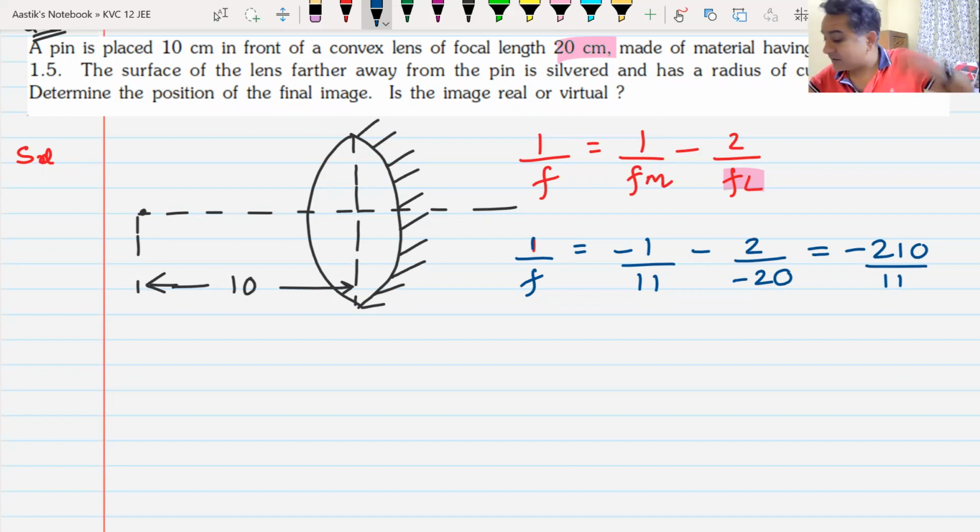It is in centimeters, so I have to convert it into meters. Oh, big mistake. It was in centimeters. I took meters, and that is why the problem. So I will have to check it out. This is the focal length would become in centimeters. So it will come, I think, 110 by 21 centimeters. I think I've made a mistake. Calculating, 21 by 110 will come, yes.